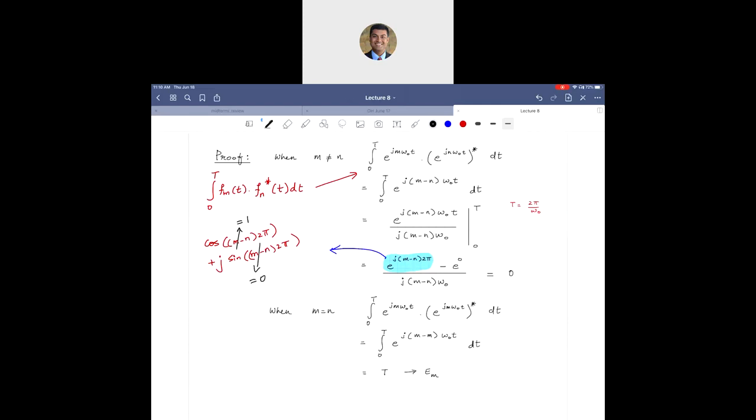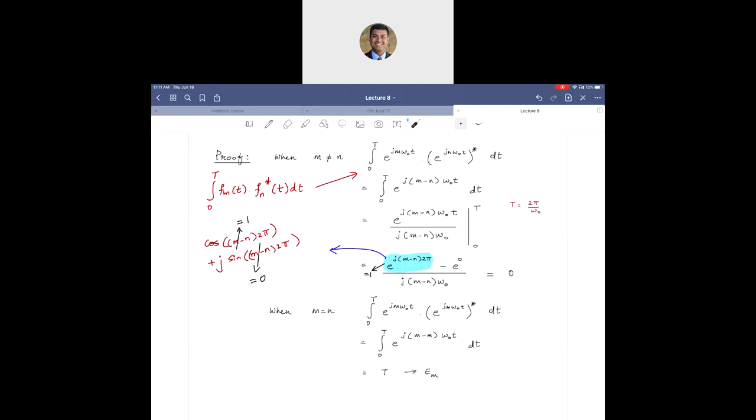So that should essentially equal 1 because of that. And of course, you have the other piece also as 1, and you get a 0 there. So for m not equal to n, we have proved that it will be orthogonal. But for m equals n, you need it to be some finite value. Let us check that. 0 to T, e to the j m omega naught t multiplied by the conjugate of the same signal here.